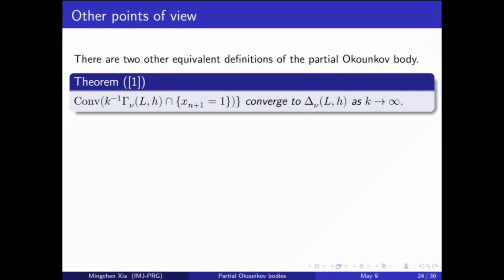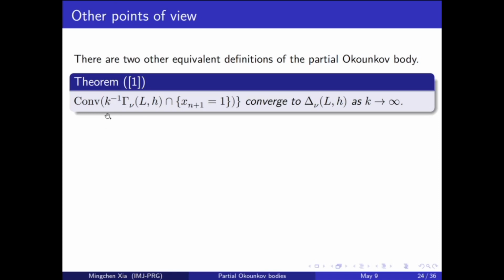Apart from the definition I introduced above, there are actually two different but equivalent ways to define the partial Okounkov bodies. The first way is to consider the level set of level k in our object, Gamma nu of L, H. We consider all points in level k, and we consider the corresponding convex hull. This is a subset of the level set of k, and we rescale it by k to the -1 to make sure that it's a subset of level 1.